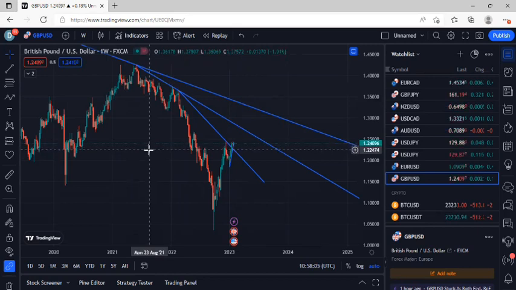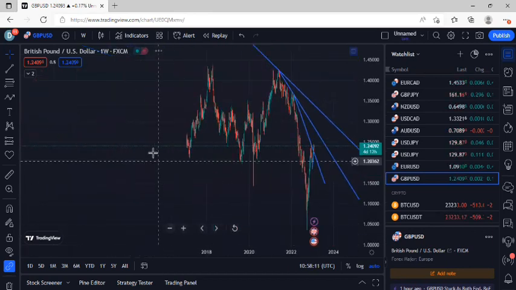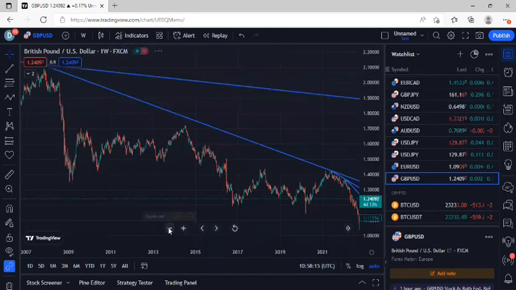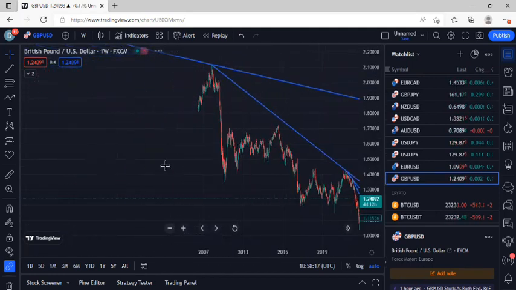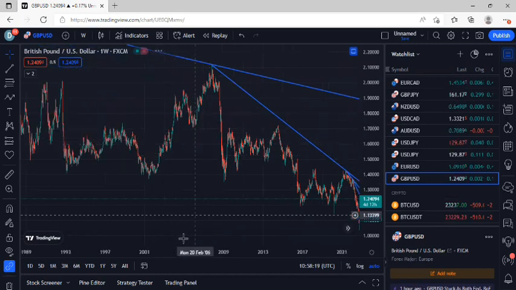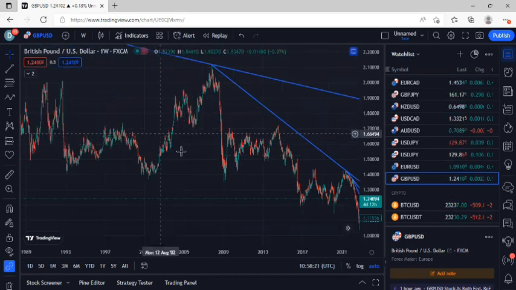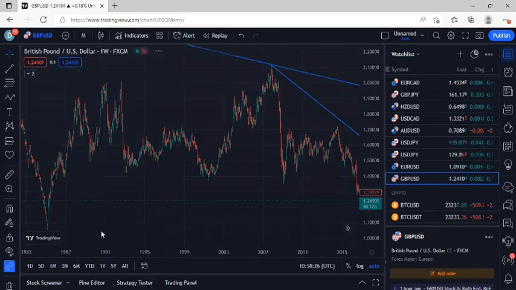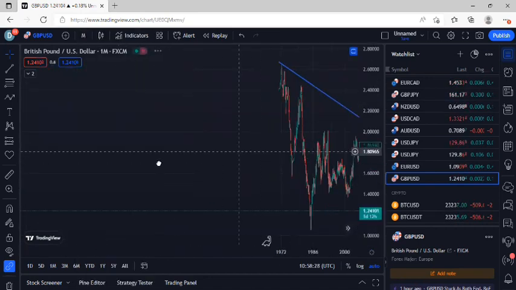So that is how to properly draw your trend line. And I'm going to summarize what I've said. If you want to draw a trend line for a downtrend, make sure you pick at least two highs. Let me go to the monthly.